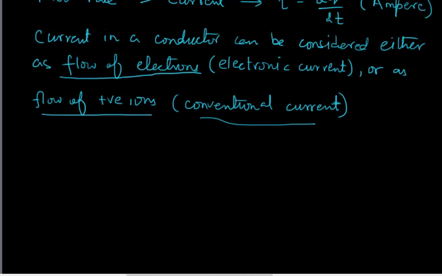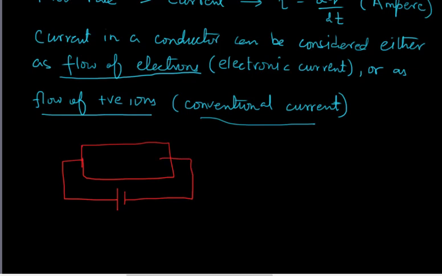Let's say you have this piece of conductor, you apply a battery across that, positive, negative, and now as soon as you connect this battery to this piece of conductor, electrons start flowing in this direction. Let me draw some atoms for you here.